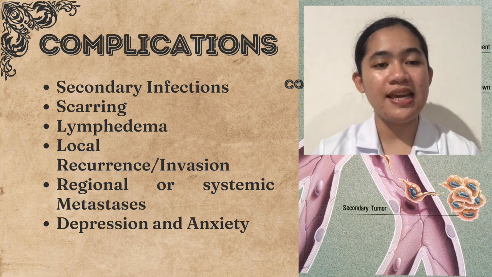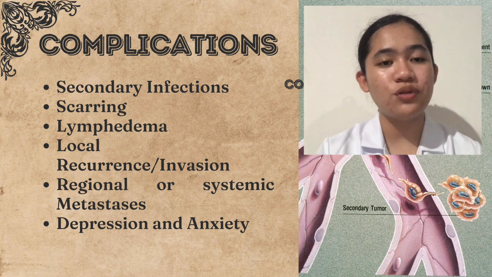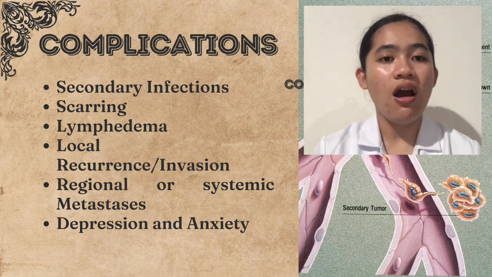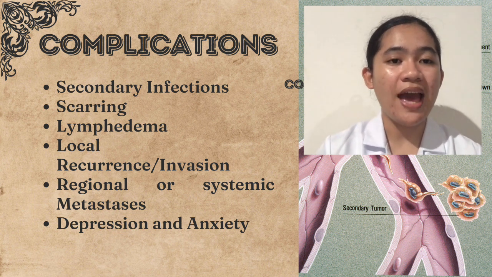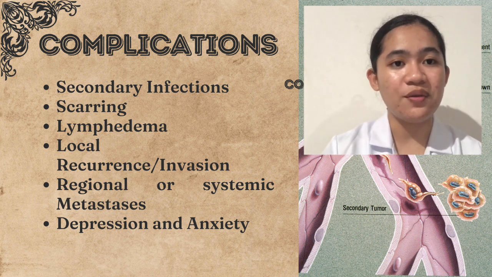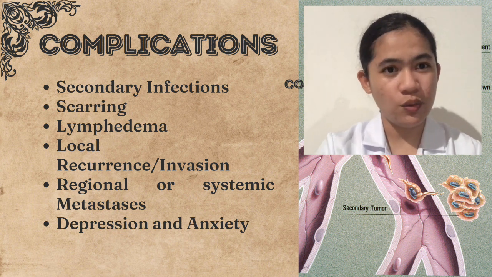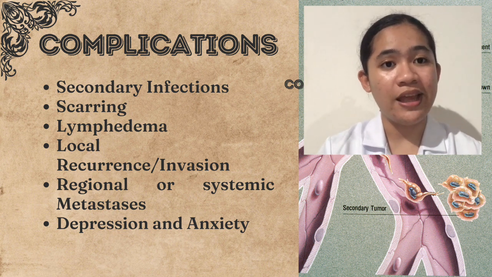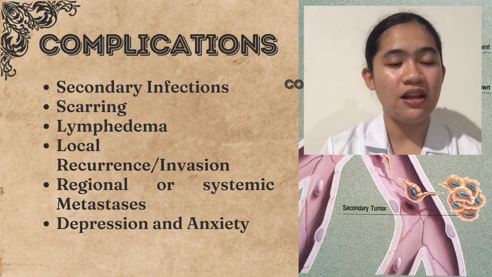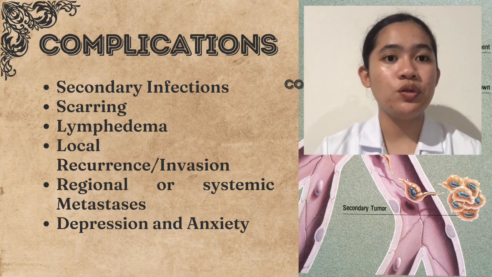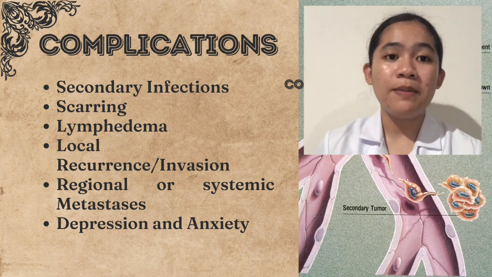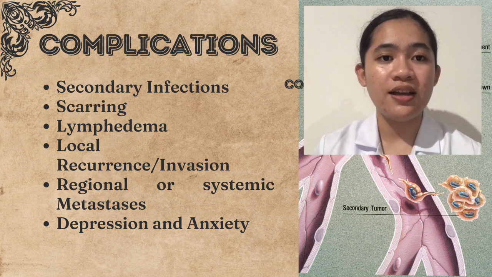And then this is a result of the disruption or the destruction of the normal skin barrier. And then we have scarring, which is a result of the lesions, the wounds, due to the bleeding and oozing of substances in the moles. And it may also be due to the treatments that the patient undergoes for the condition.